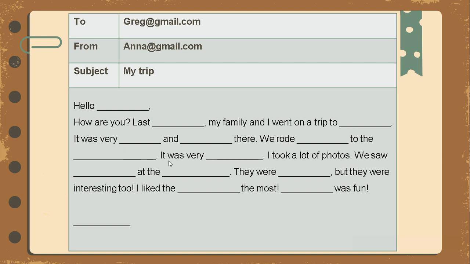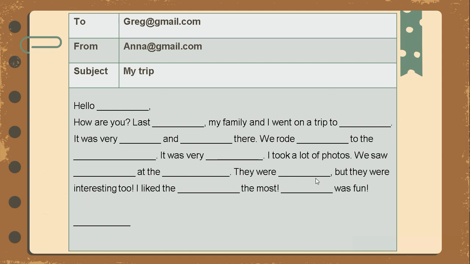Alright, next one. It was very blank. So this one is the size of the place. For example, big, small, huge, tiny. Okay? Next one. I took a lot of photos. We saw blank at the blank. For this one, you write the things that you saw, and this one, the name of the place.